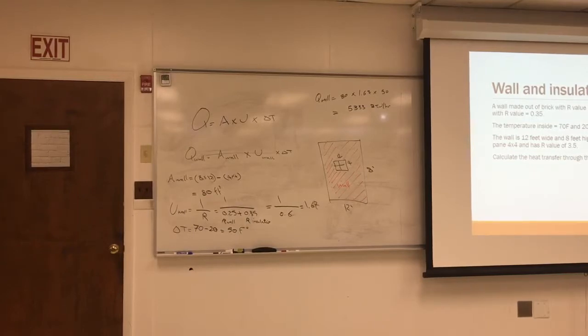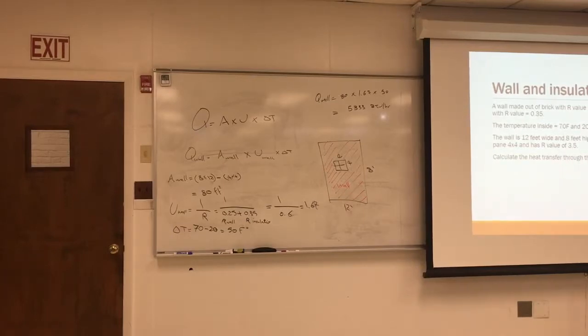I got 228.6. What is the 3.5? That's the R value of the window. Oh, it says it right there.